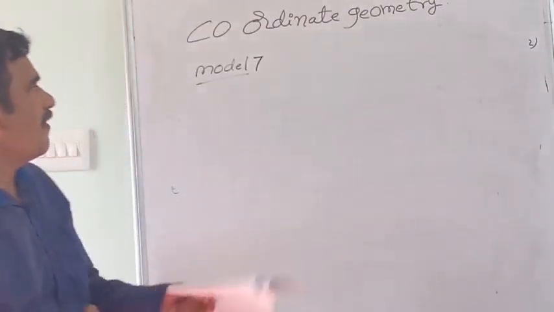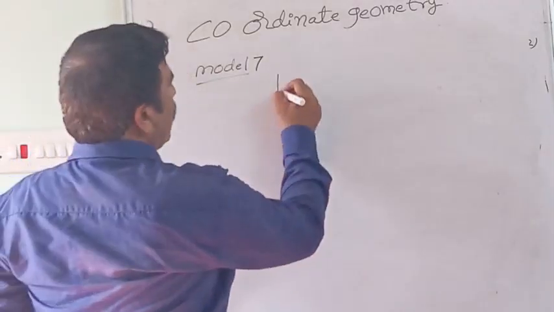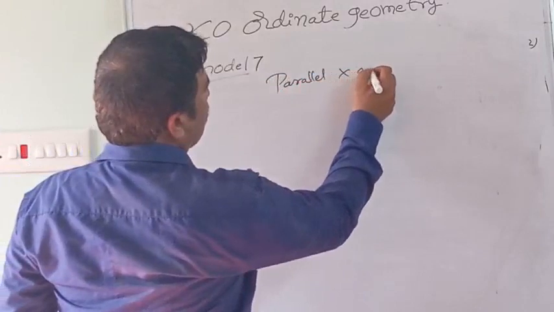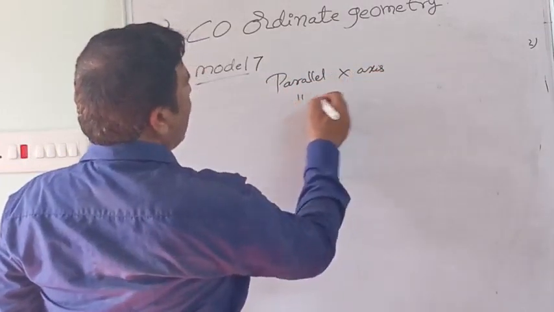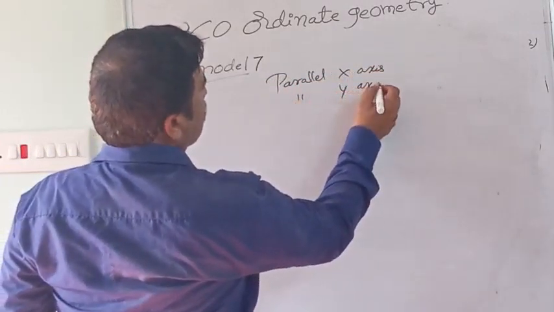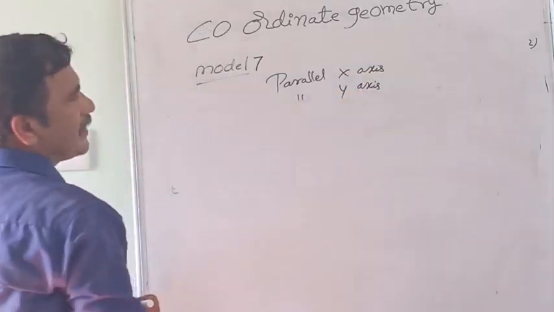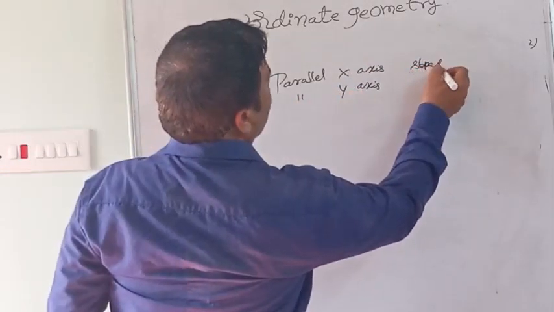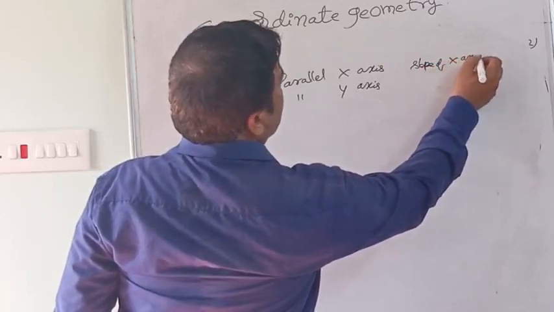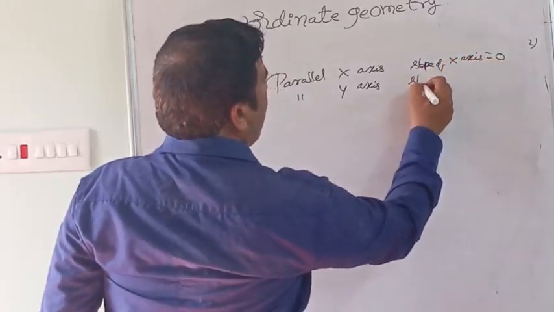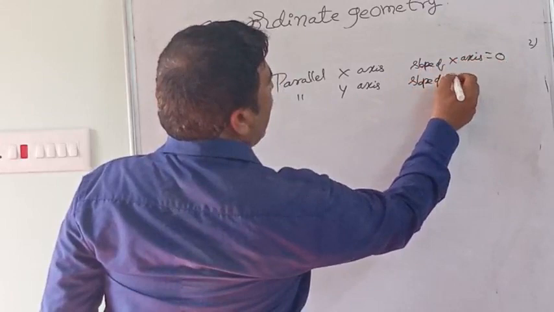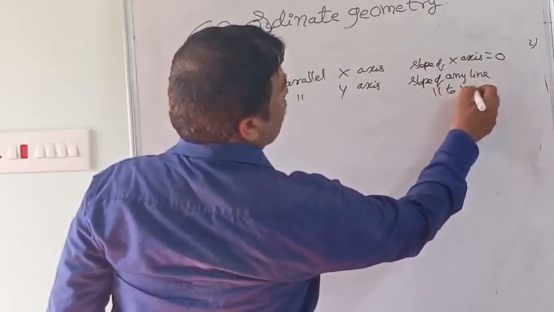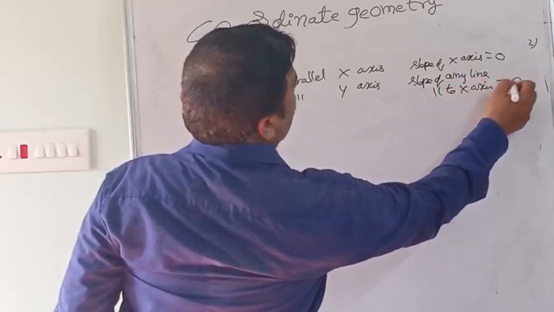Now model 7 is parallel to x-axis or parallel to y-axis. We know x-axis slope is 0. Slope of any line parallel to x-axis is also 0.